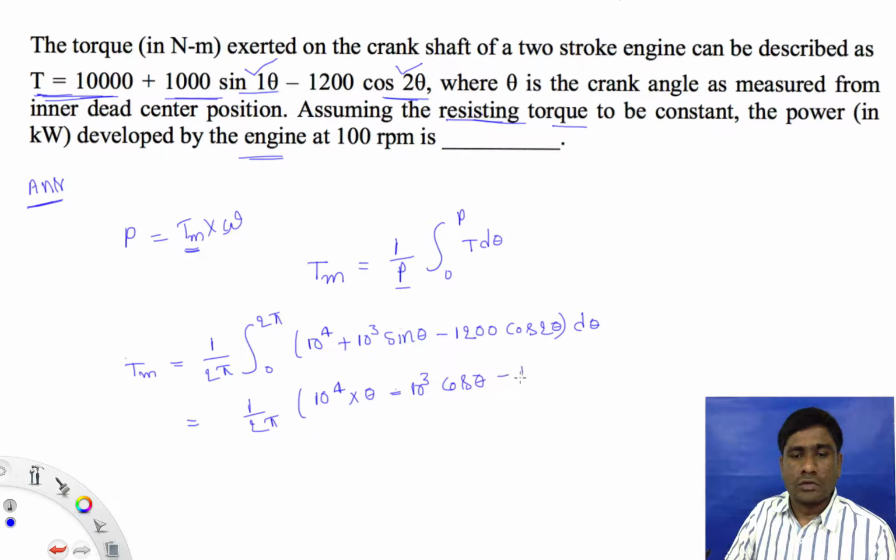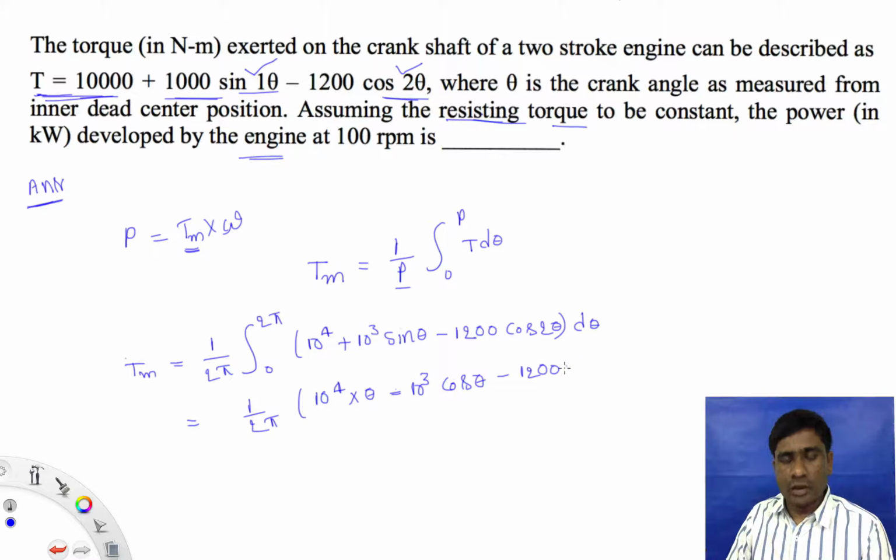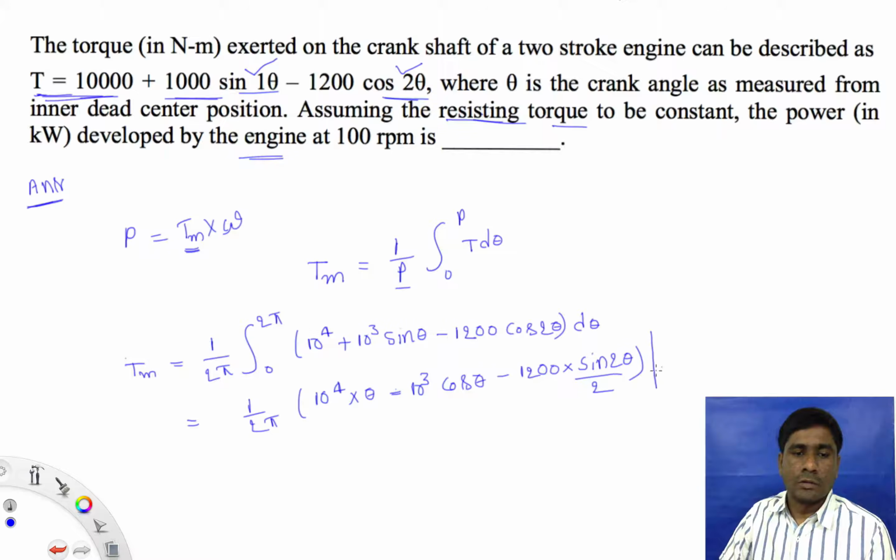here minus 1200 cos, the integral of cos 2 theta is sine 2 theta by 2, into sine 2 theta by 2. We need to substitute 0 and 2 pi in these values.